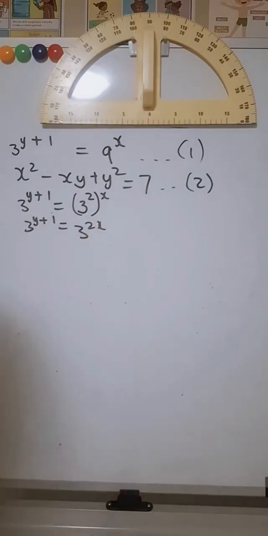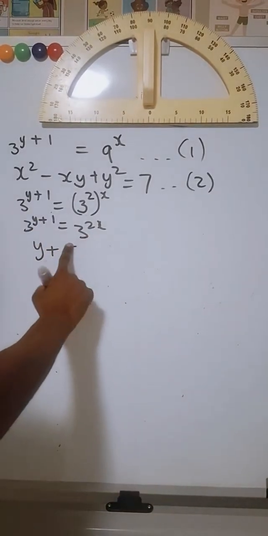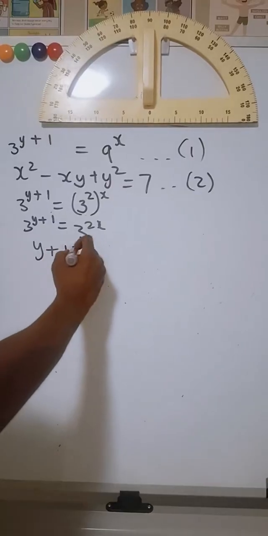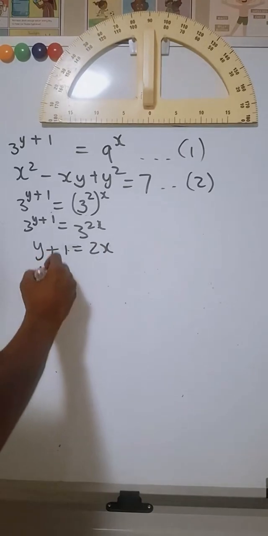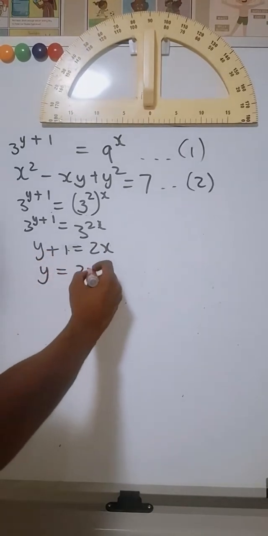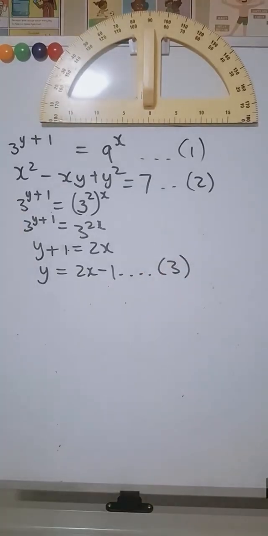We can then drop the bases and equate the exponents. Now we can make y the subject and then say that's equation 3. I think from there you should be able to move in a direction that will lead you somewhere.